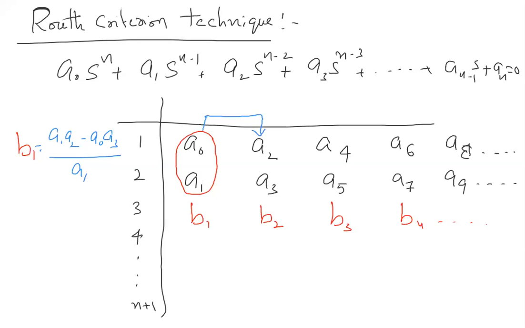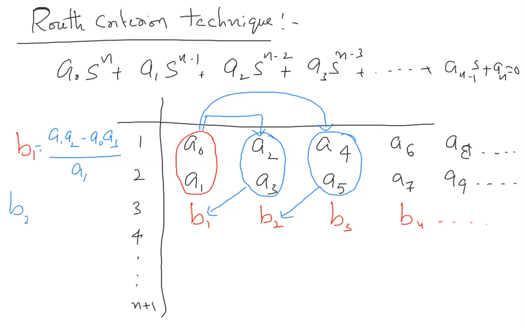So how do you write B2? Using this one you will get B1. Similarly, using this one you will get B2. So how do you write B2? A1 A4 minus A0 A5 divided by A1. Like this. Similarly, write B3. Can you write B3?